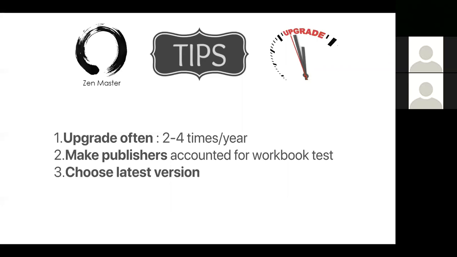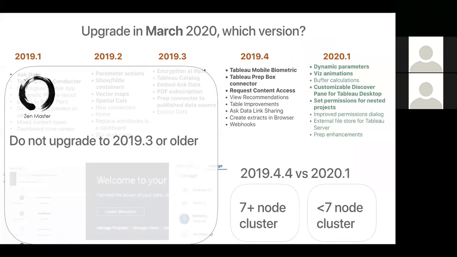That's my tip. Now, the third tip is which version to choose. Choose the latest version. I'm going to walk you through a little bit more. Let's say you plan to upgrade your server later this month: do not choose 19.3 or an older version anymore. Choose 19.4 or 20.1.